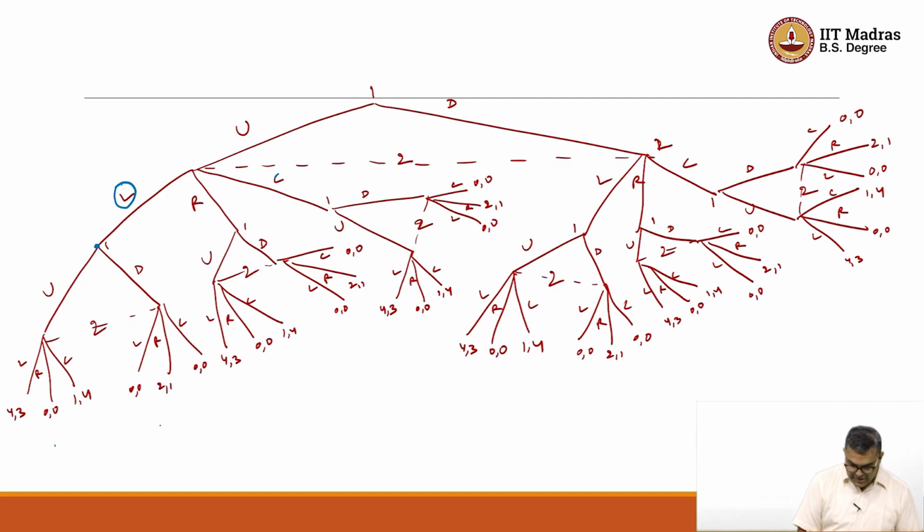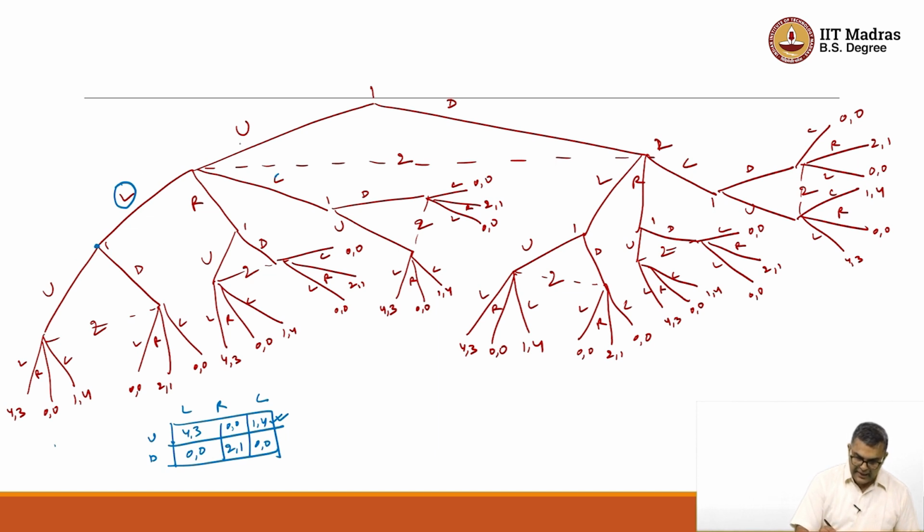This is the box in the second period: 4 comma 3, 0 comma 0, 1 comma 4, 0 comma 0, 2 comma 1, 0 comma 0, with U, D as rows and L, R, C as columns. So in this box U comma C is going to happen.